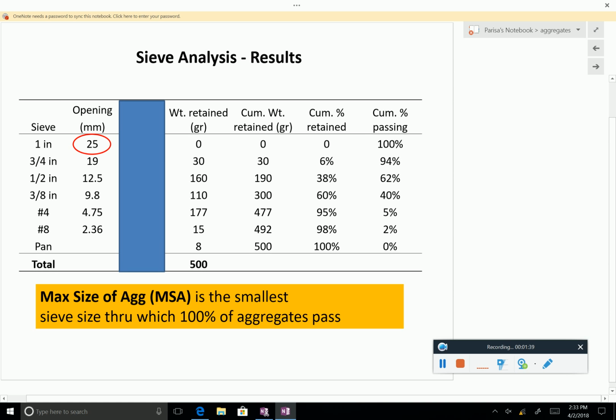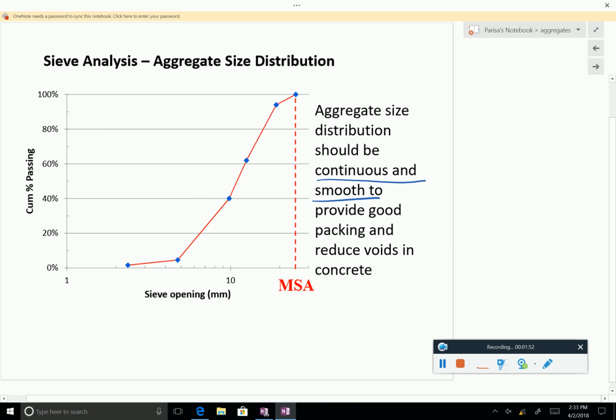There are a few things you can extract information from gradation curve. For example, maximum aggregate size, which is the smallest sieve size where everything is passing through. And this was, I think, the last thing we did. We drew this gradation curve together.